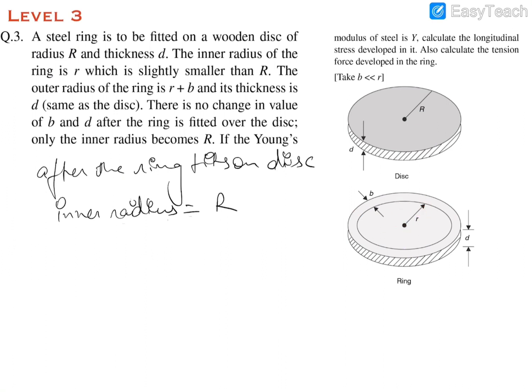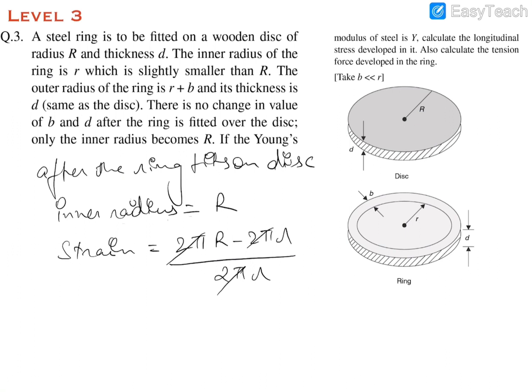So the longitudinal strain developed will be 2 pi R minus 2 pi small r upon 2 pi small r, change in length upon original length of the ring. So cancelling out the 2 pi with 2 pi, it is R minus r by r.